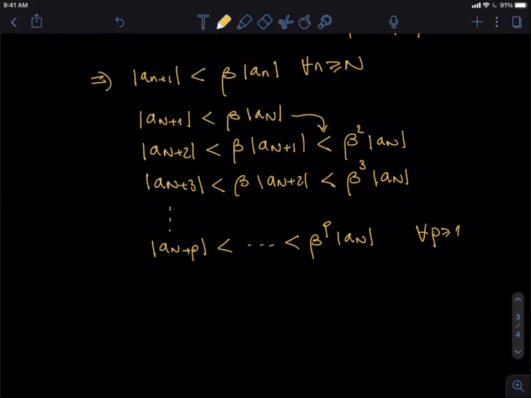All right, so once we know this, notice what happens here. This a_N is fixed, okay? So now we have the sum of a_n from n equal N to infinity. This is the tail of the series, it's just all the terms from capital N onwards.